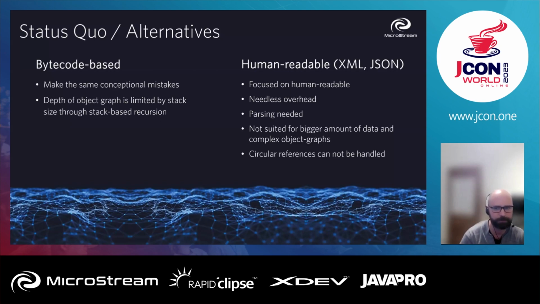The bytecode-based ones make basically the same conceptual mistakes as the Java serialization built into the JDK. For example, the depth of the object graph is limited because they use internal stack-based recursion. So you can run into stack errors and the JVM crashes.